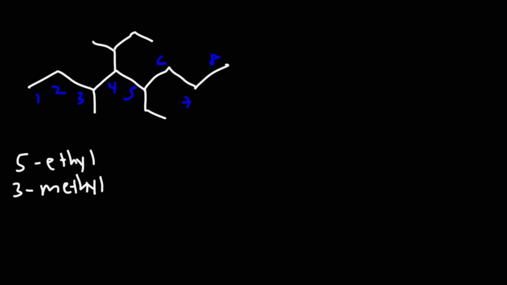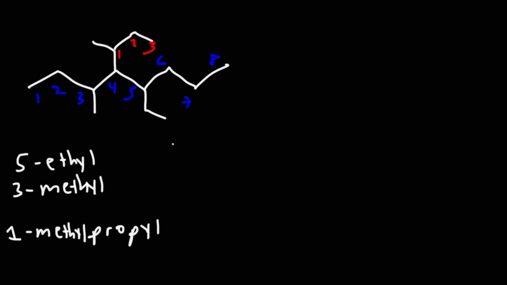Now instead of saying 4 sec-butyl, what we can do with this group is name this complex substituent. So starting from the parent chain, this is carbon 1, carbon 2, carbon 3. So that's a 3 carbon subchain, that's a propyl. And on carbon 1 we have a methyl. So it's a 1-methylpropyl group.